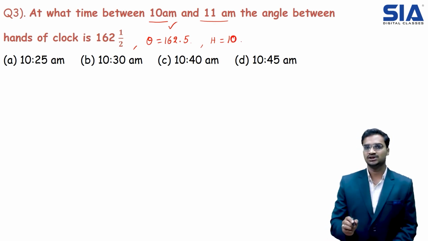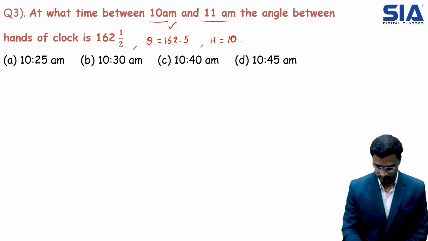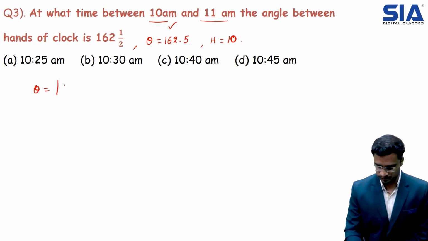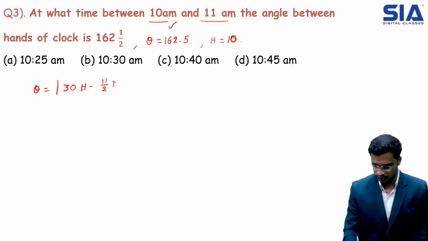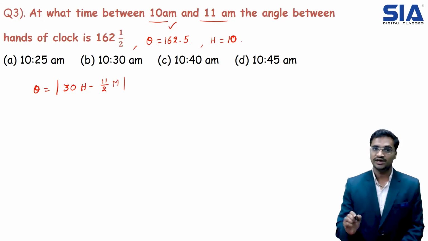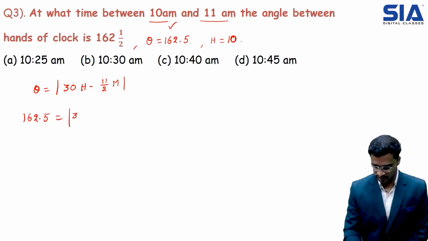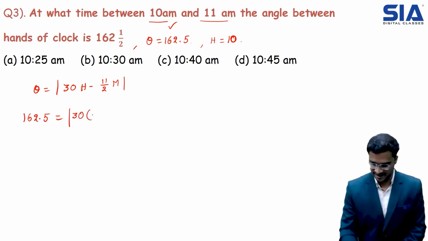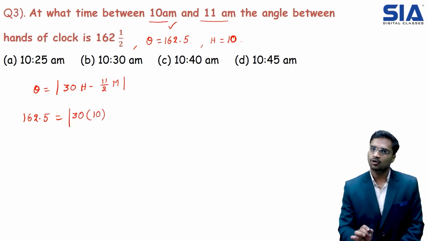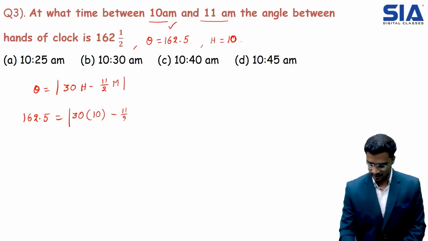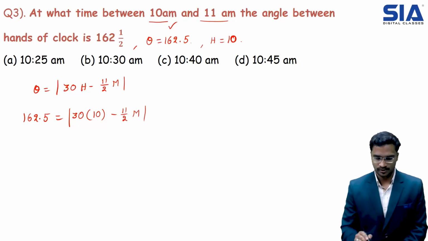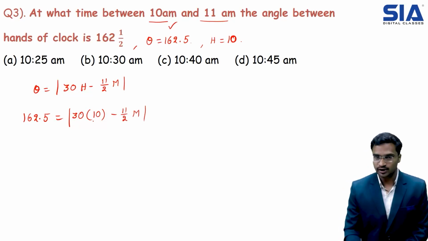Let us substitute this in our theta formula. Theta is equal to the modulus of 30h minus 11 by 2 m. Here theta is 162.5, equal to 30 times the h value 10, minus 11 by 2 m. Now 30 into 10 is 300.